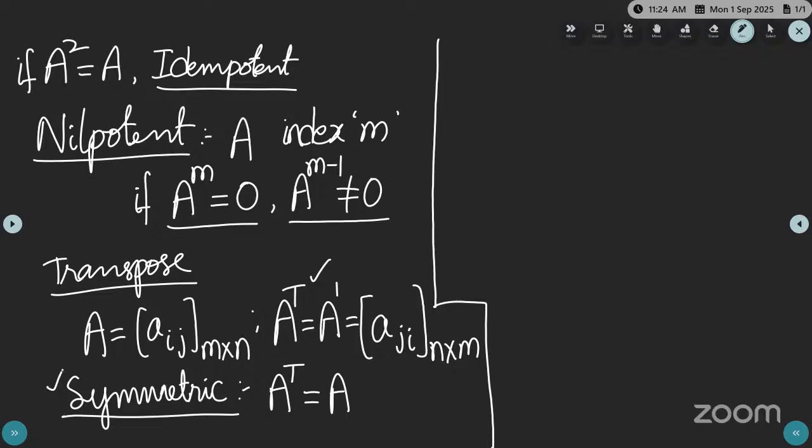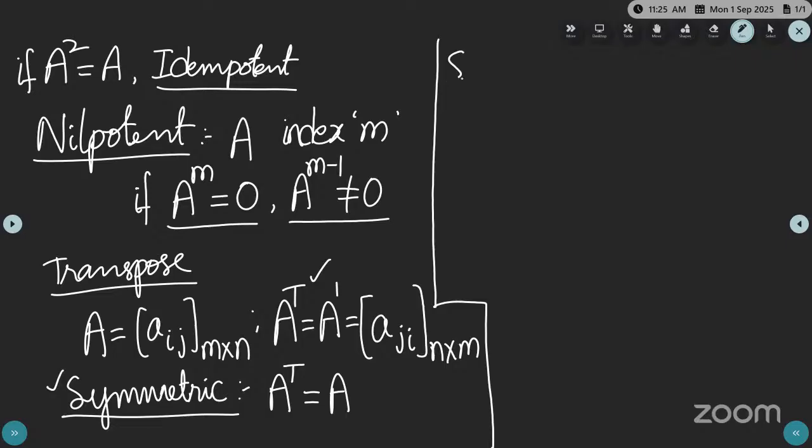So a symmetric matrix must be a square matrix. Write that also: a symmetric matrix must be a square matrix.